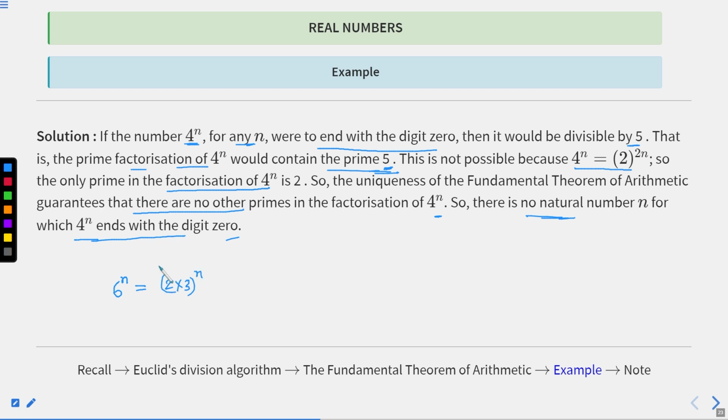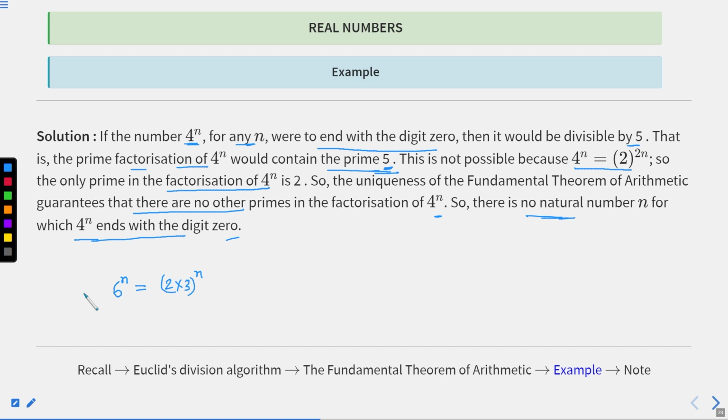But if the number 6 to the power n for any n were to end with the digit 0, then it would be divisible by 5.